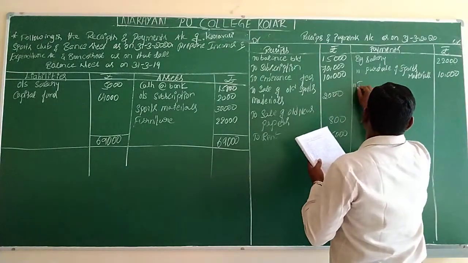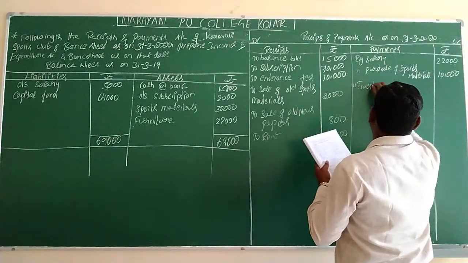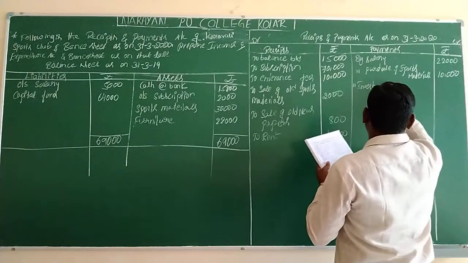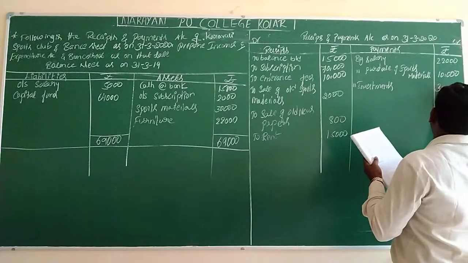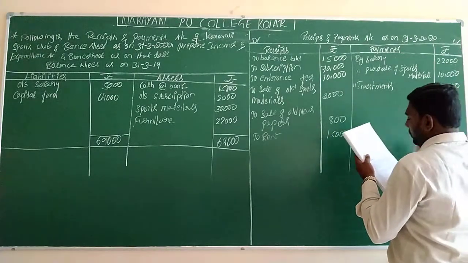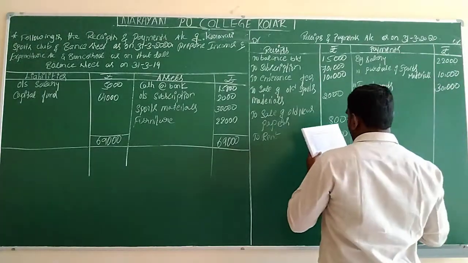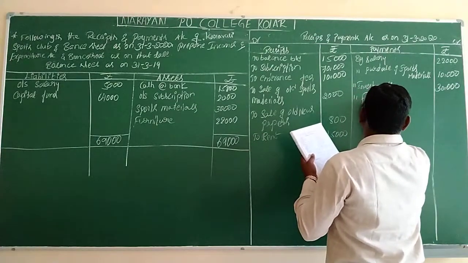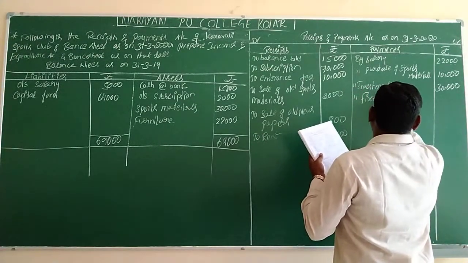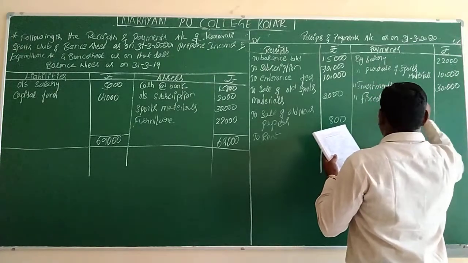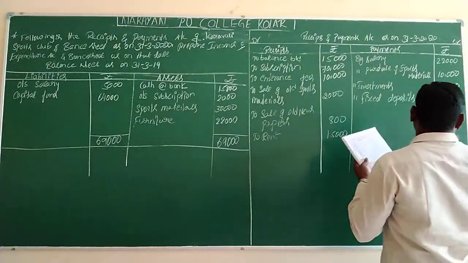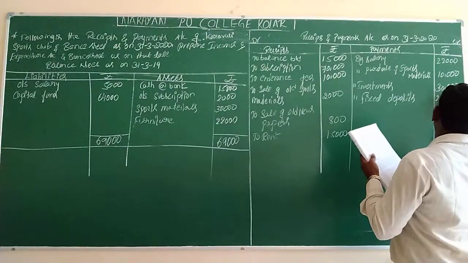By investment 30,000. By fixed deposit 20,000.